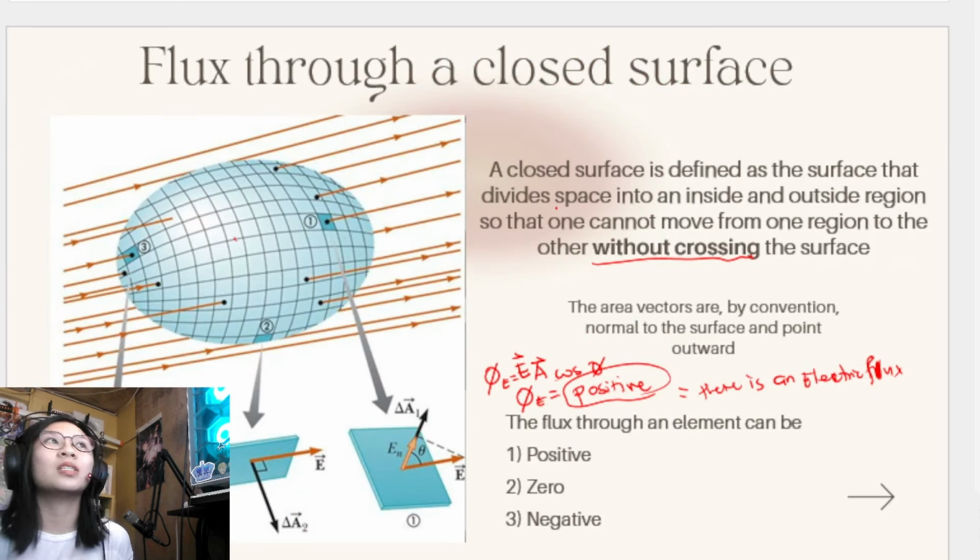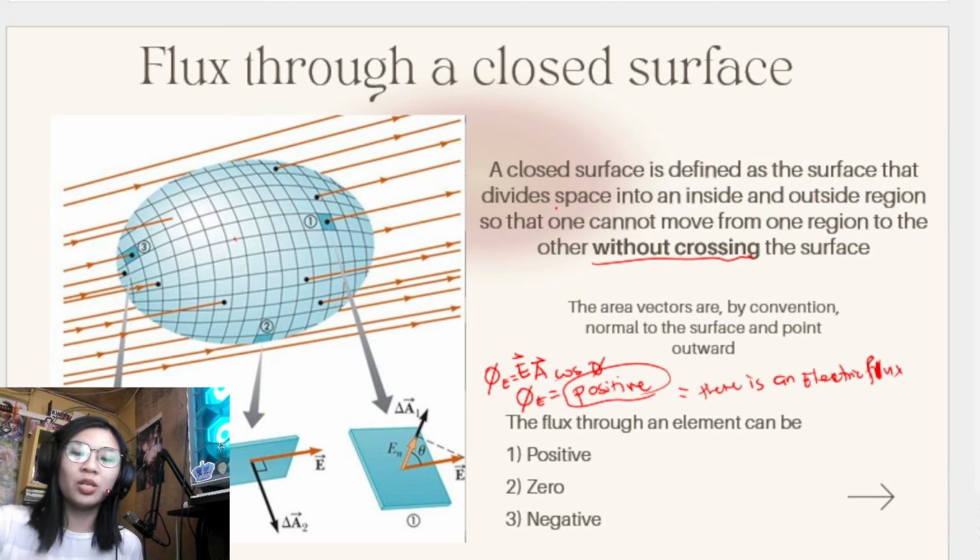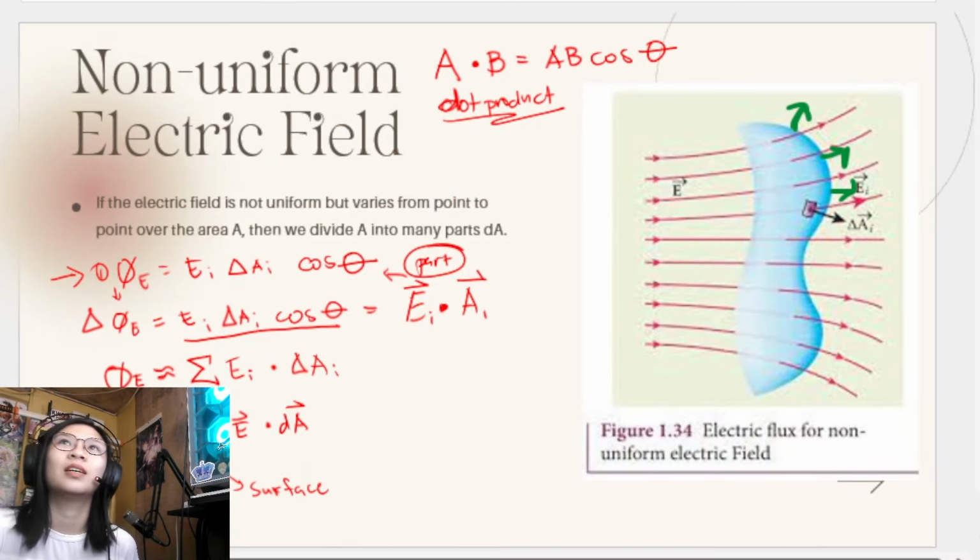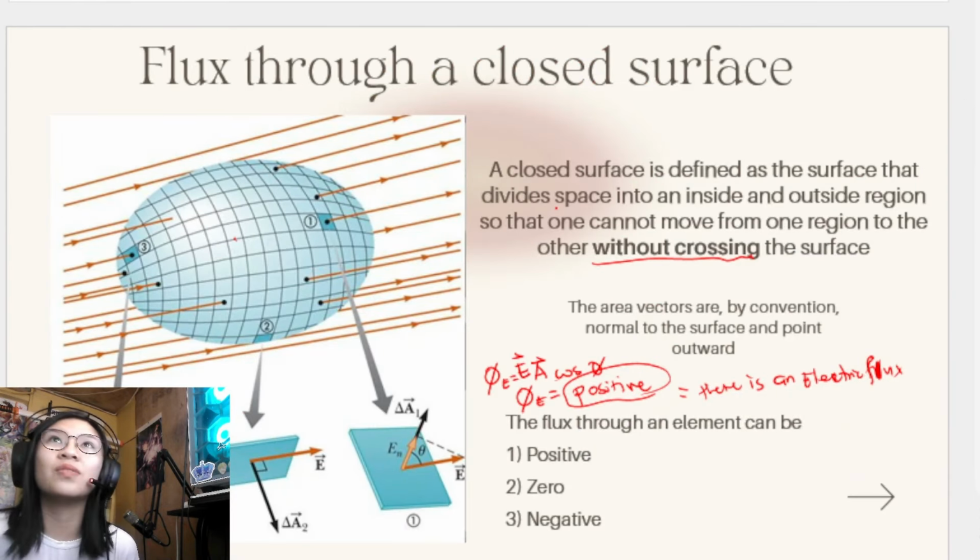So kani siya, this is what we call the flux through a closed surface. So just like a non-uniform field ganina, kani sila is daghan or lahi-lahi ang direction silang A. Same here with our closed surface and kani siyang mga square diri, kani mga partition here or division here. Let's say that those are their surface area na nag-face somewhere or in that different direction.